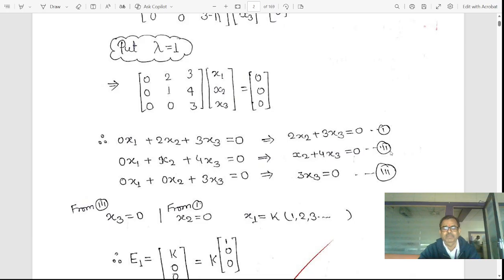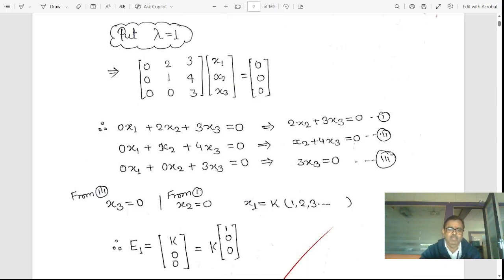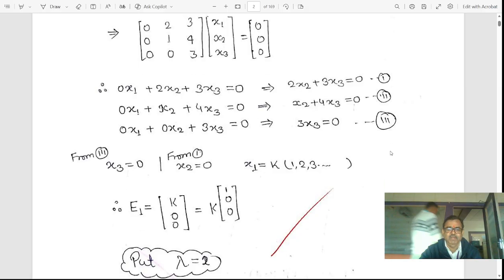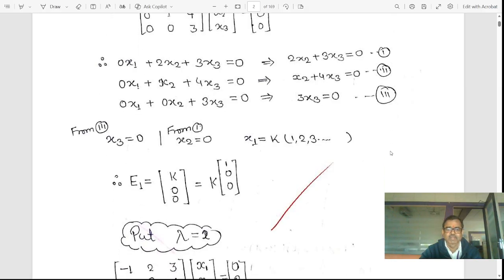If two values become 0, the third value will be k, where k is not equal to 0, because all eigenvectors are non-zero. So the first eigenvector is k, 0, 0, that means k times 1, 0, 0.